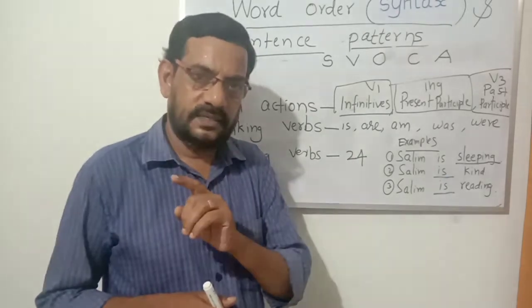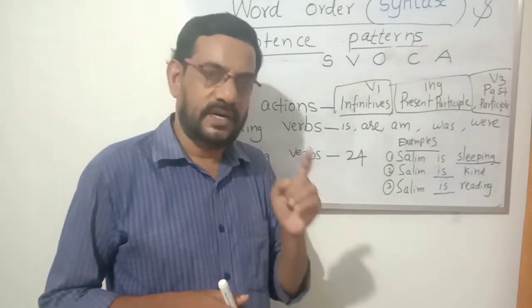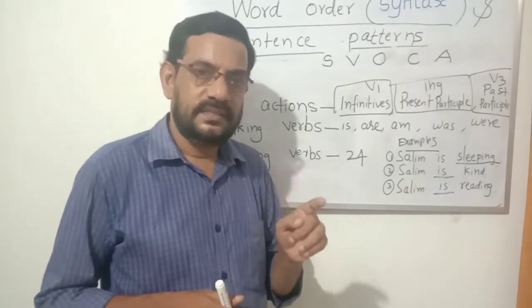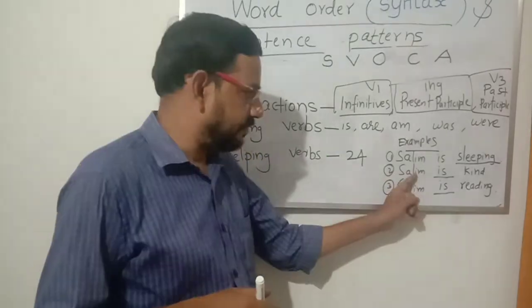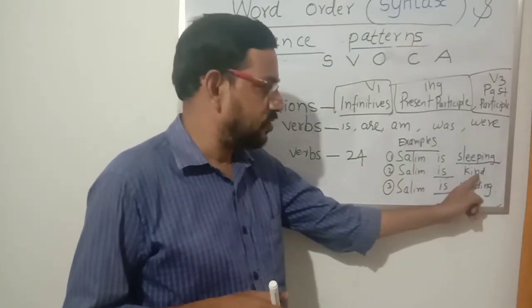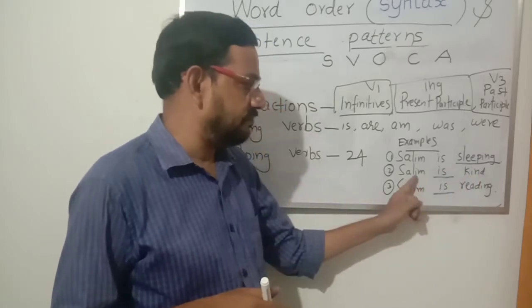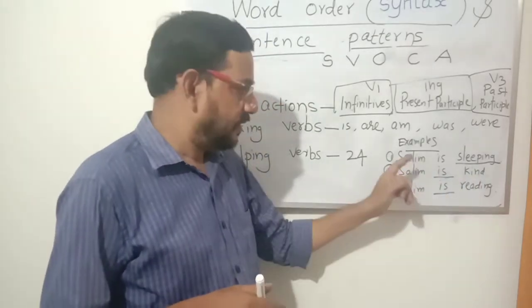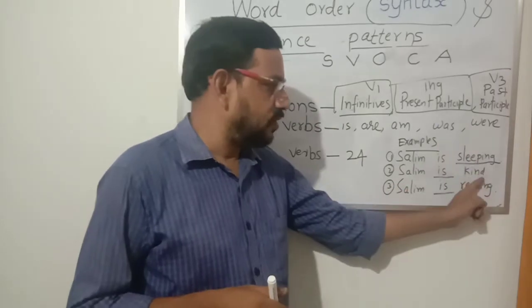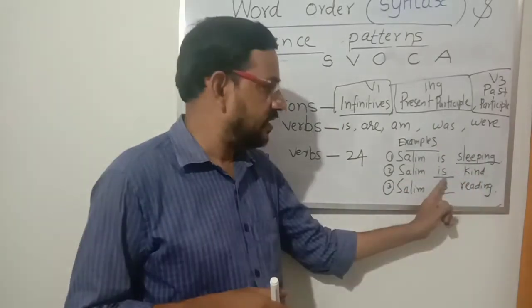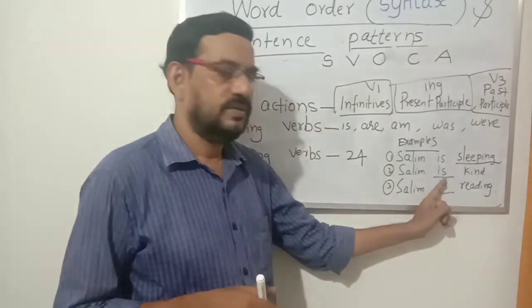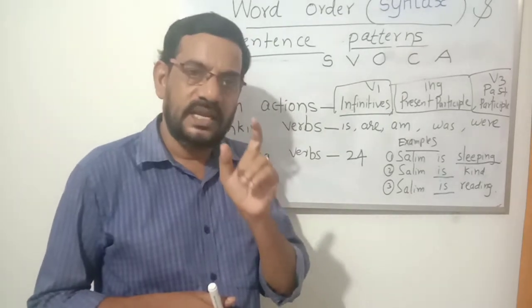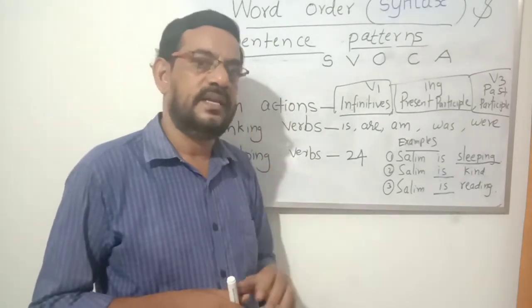Who is kind? Salim is kind. So the word kind is the subject complement. So the subject Salim and the subject complement kind are connected using is. So that is only a linking verb.